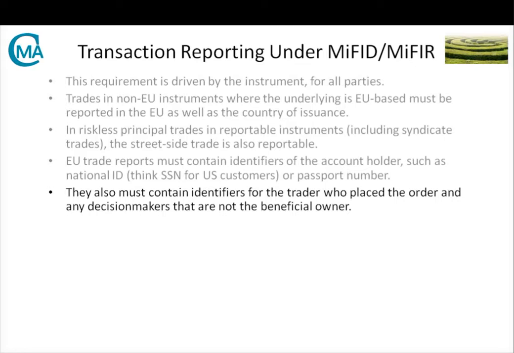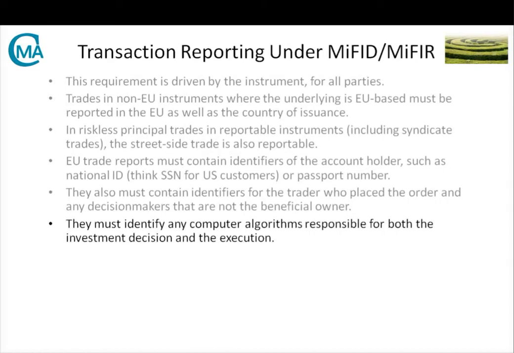It requires additional identifiers for the trader to place the order and decision makers. So when you think about an asset management firm, the account holder might be a pension account. The trader might be the trader inside the asset manager, and the portfolio manager, all required to be put on the transaction report.